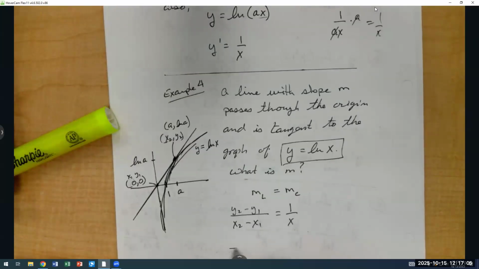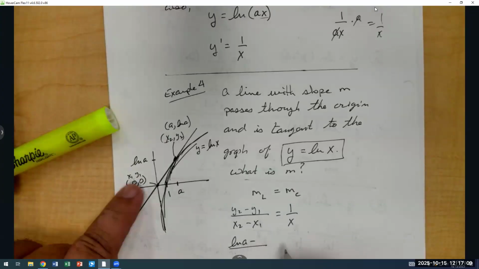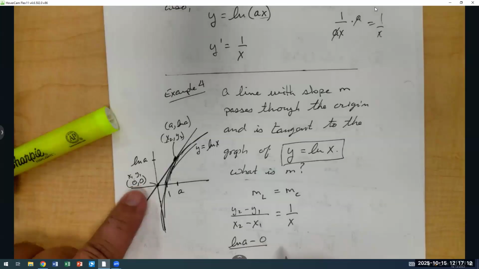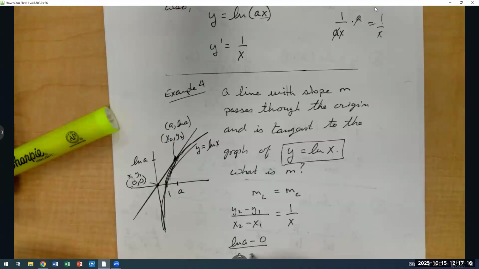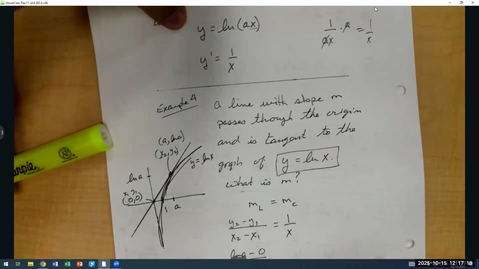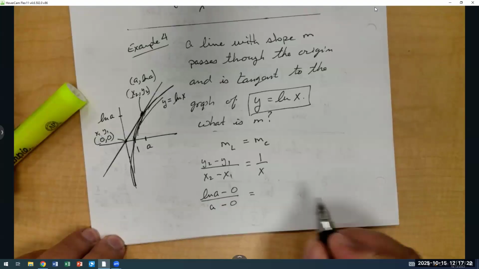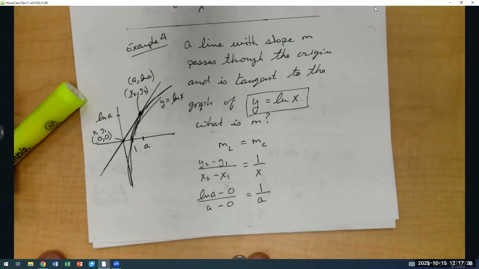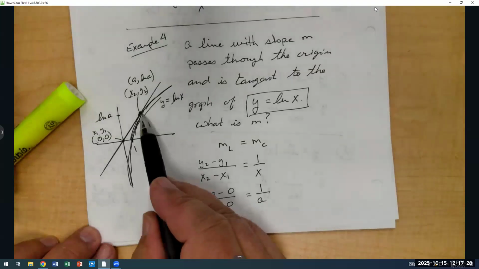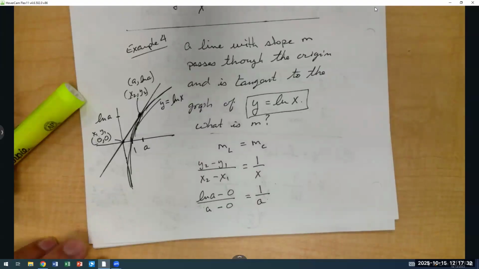So y2 is ln a minus y1 which is 0. x2 is a minus x1, which is 0. And at that point, the slope of the curve is 1 over a. So I want to know the slope at that point there, not the curve, but that point there. That's at point a.